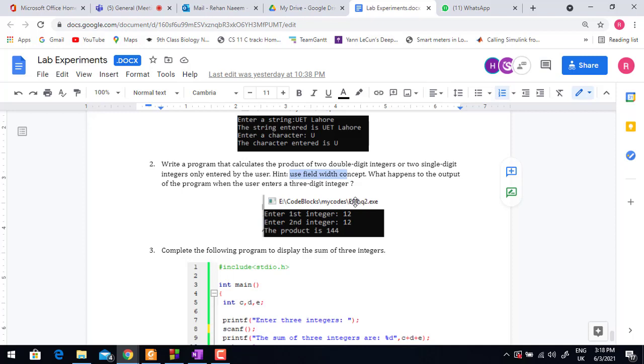If the user enters a 3-digit, 4-digit, or 5-digit integer, the program will not display the correct output because of the field width concept. So you have to answer what happens if the user enters a 3-digit or 4-digit integer after you have implemented the field width concept.